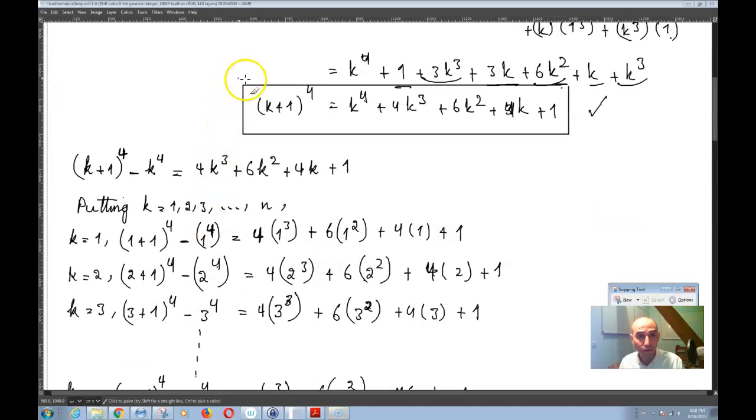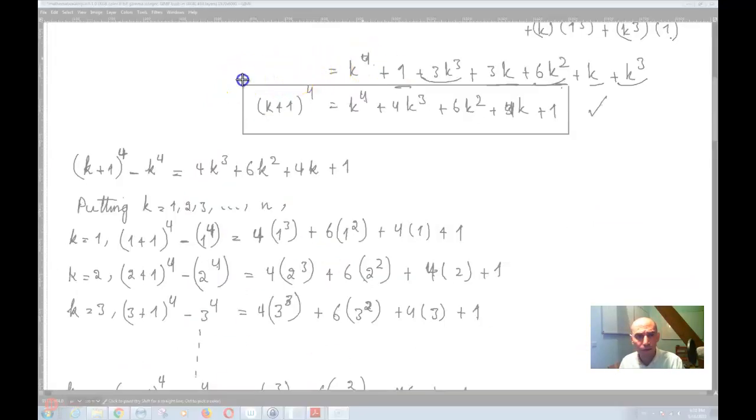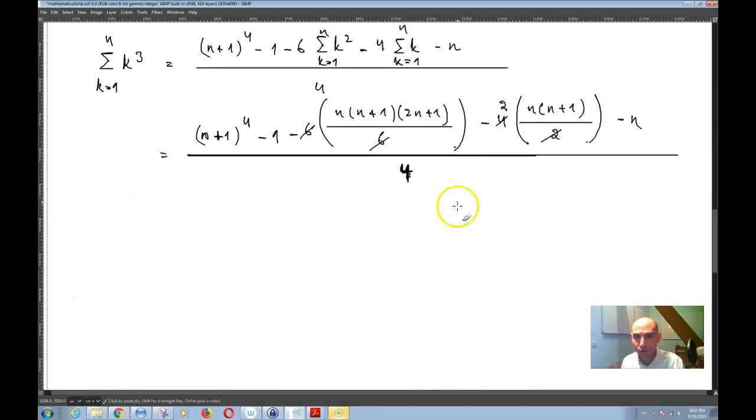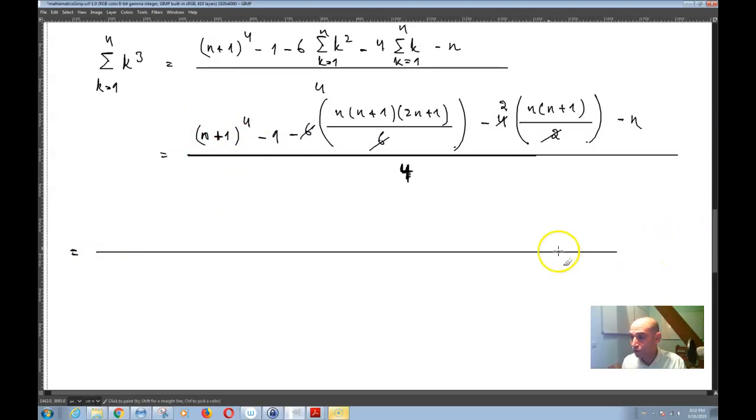So I think if I use this identity, I can write this as, over here I have (k plus 1) raised to the power 4 is equal to k raised to the power 4 plus 4 times k cubed plus 6 times k squared plus 4k plus 1.